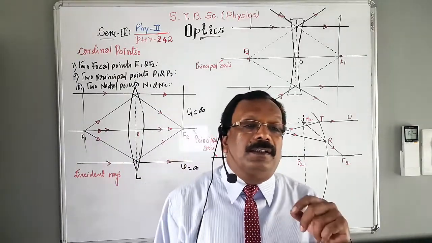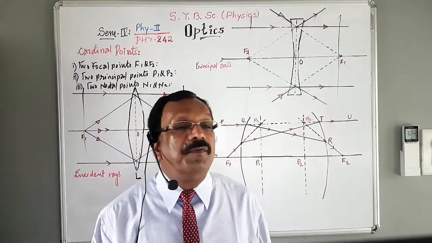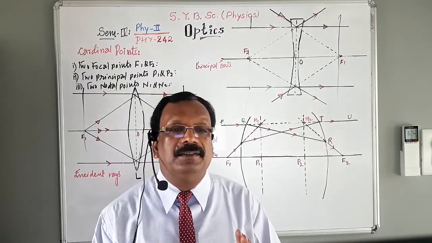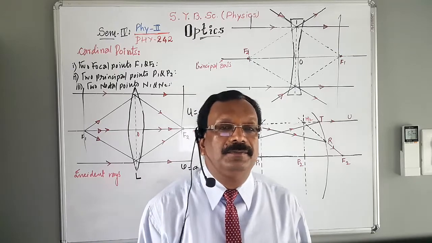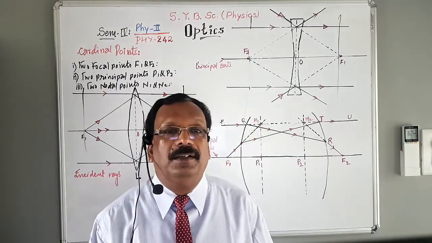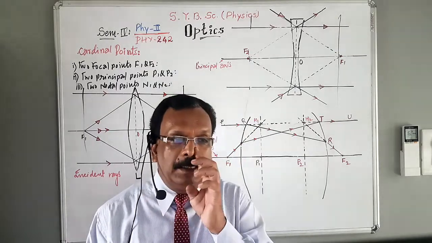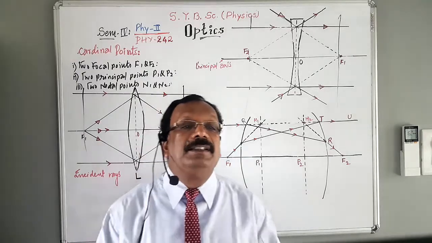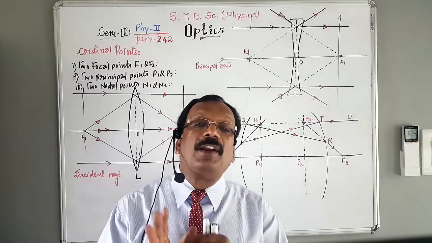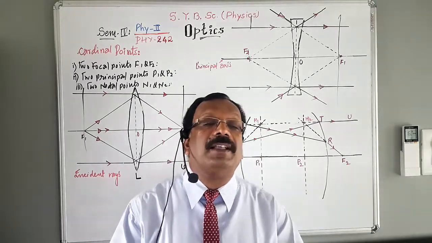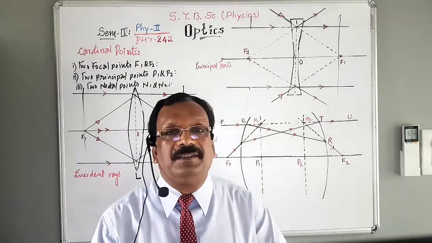The points of intersection of different planes, that is the principal plane, focal plane, nodal plane, etc., with the axis of an optical system are called principal points.